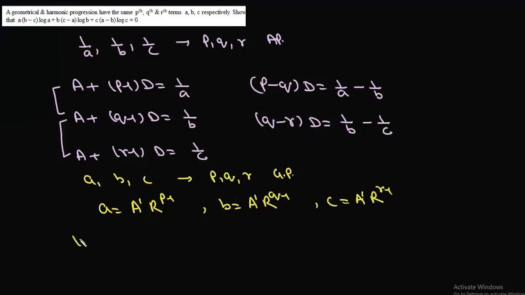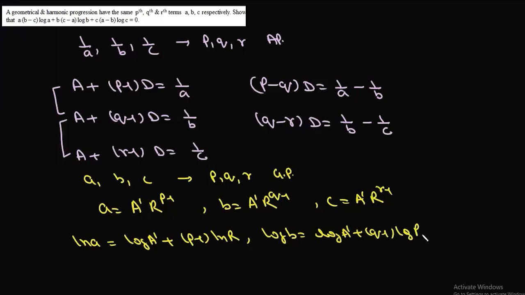And if we take log, we can write log A equals log a dash plus (p minus 1) log r, log B equals log a dash plus (q minus 1) into log r, and log C equals log a dash plus (r minus 1) into log r. So we'll take everything as log.